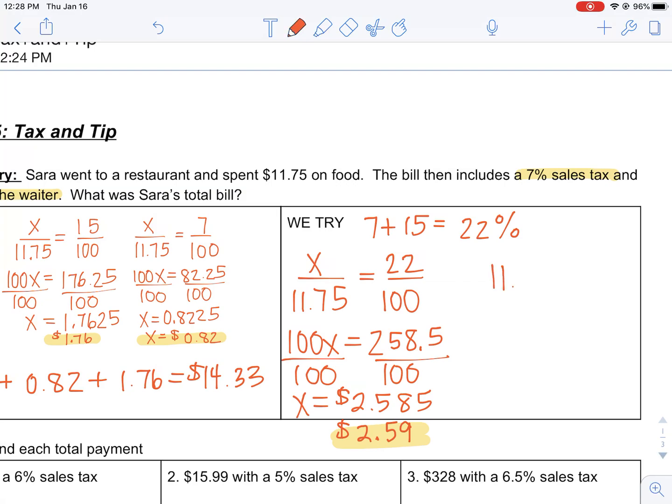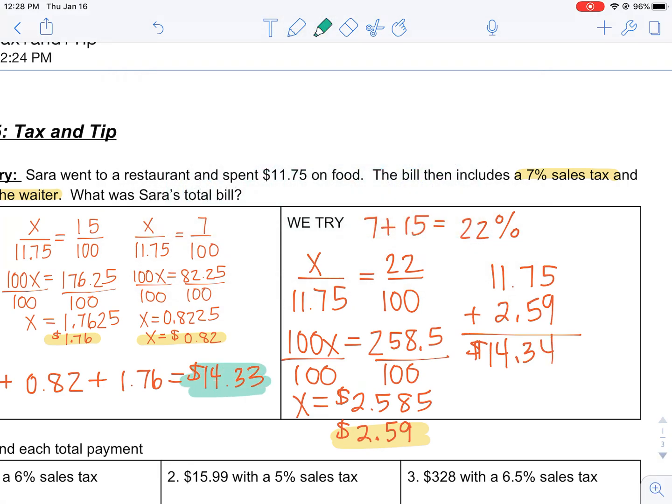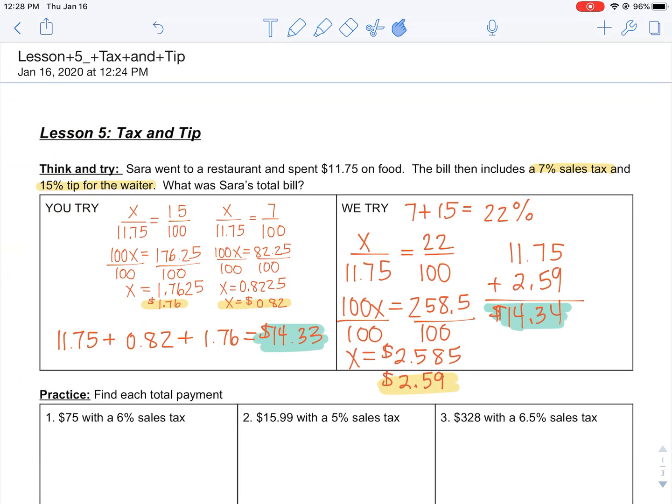So $11.75 plus $2.59 is $14.34. Now, if you notice, they do come out a penny different, but that is due to some rounding.